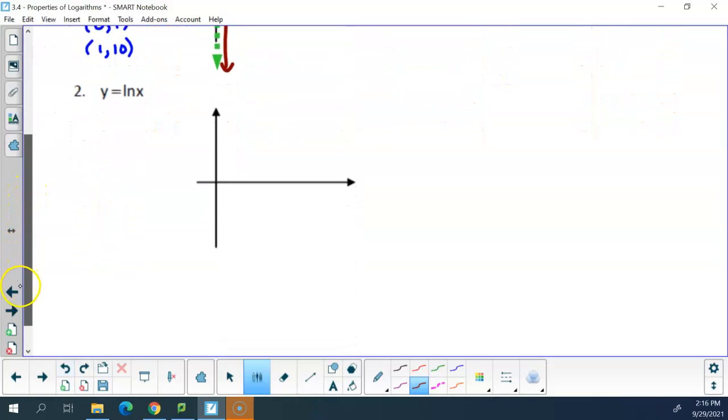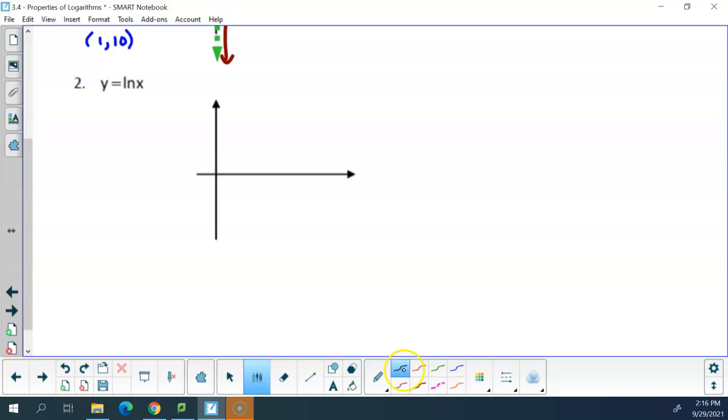The exponential function associated with this one would be y equals e to the x power. And so if we go with our exponent of 0, e to the 0 power is 1.